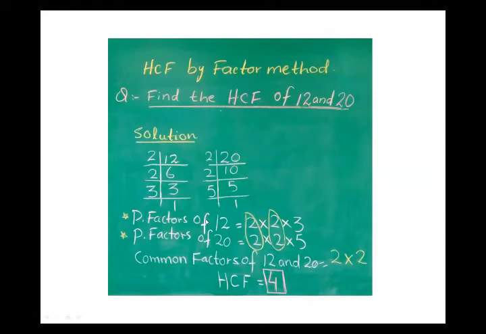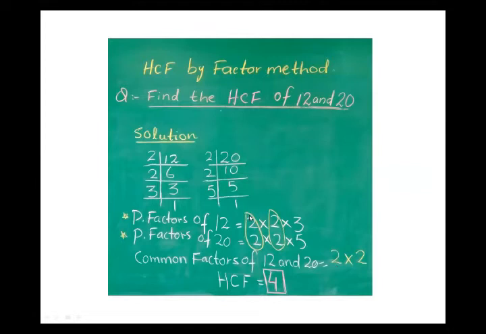In this example we have only two numbers, so we list out the factors of 12 and 20. But in your exercise, you have more than two. You have three numbers, and you have to find the HCF of three numbers. The method for solving the question is the same. Now we pick a pair, a common factor, as only one divisor.